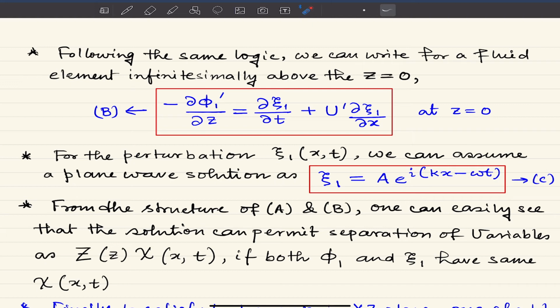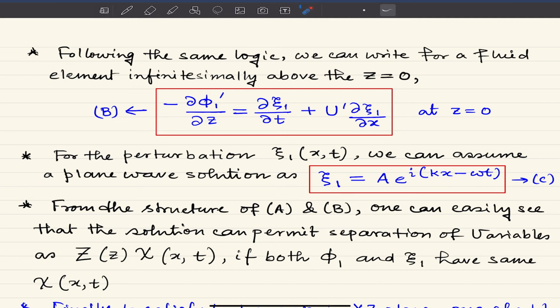For xi1, this is quite easy, because this is just a perturbation. This perturbation can only be a function of x and t, and in both x and t we don't have any source of disturbance. So this is plucked and then totally released.